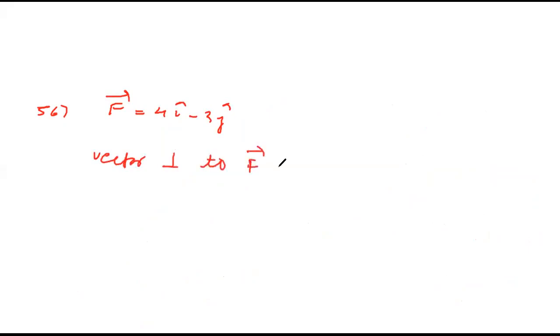Consider a vector f bar equal to 4i cap minus 3j cap. Another vector perpendicular to f bar will be, a vector perpendicular to f bar.